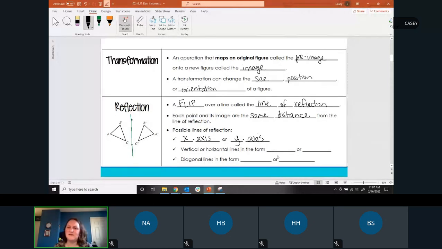Remember way back when we did parallel lines and we talked about how x equals a number is a vertical line, or y equals a number is a horizontal line? If you don't remember that, maybe you write that here. X equals a number is a vertical line through that number on the x-axis. Y equals a number is a horizontal line through that number on the y-axis.